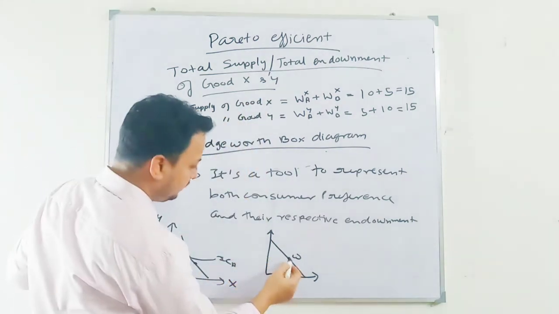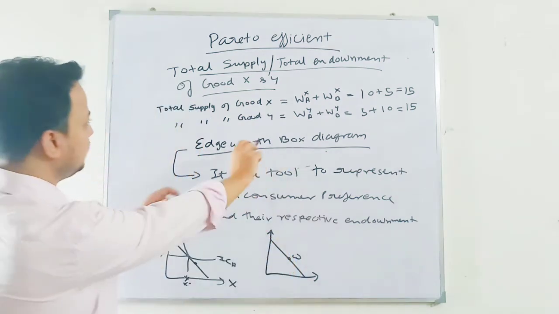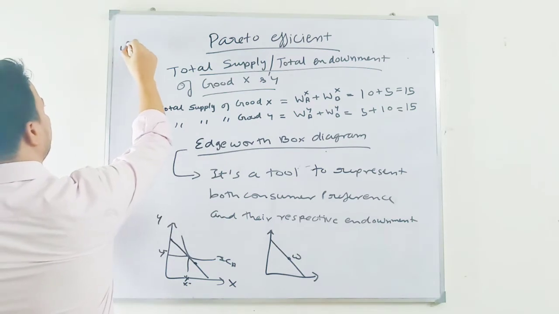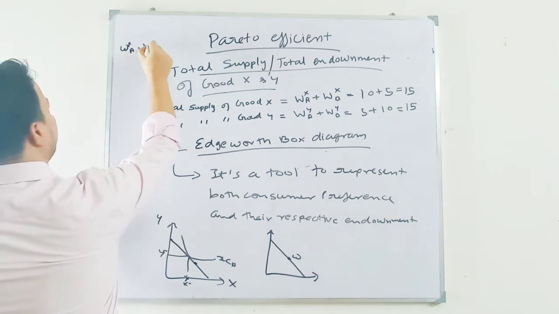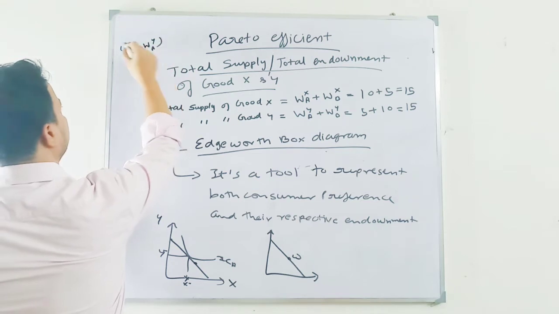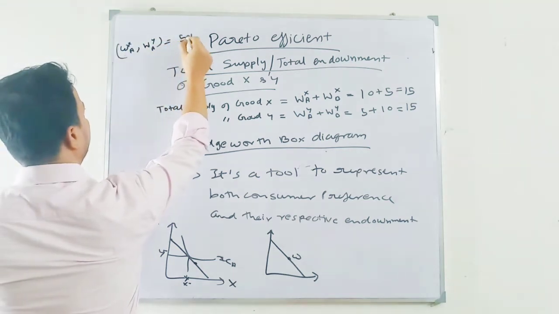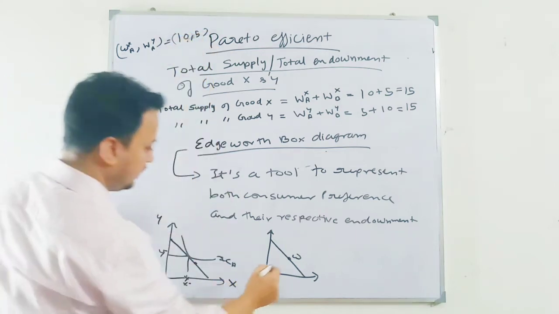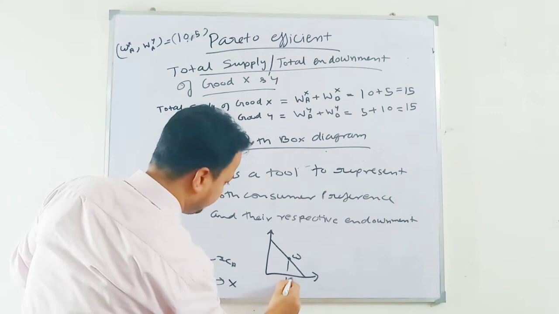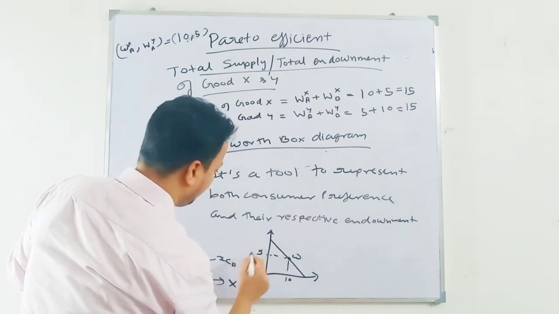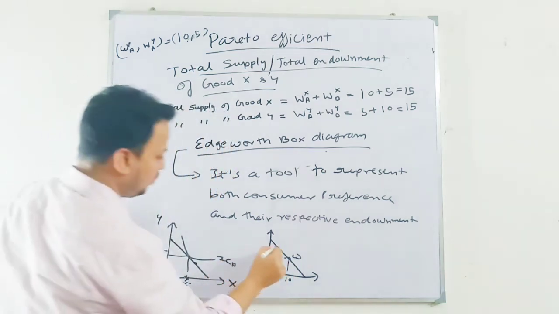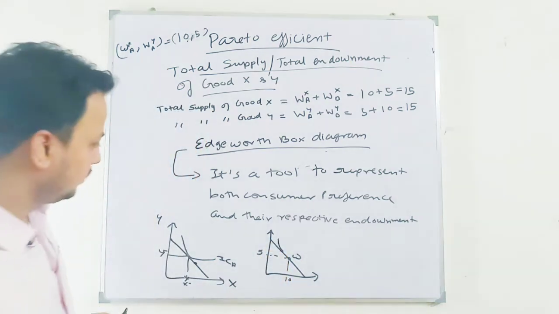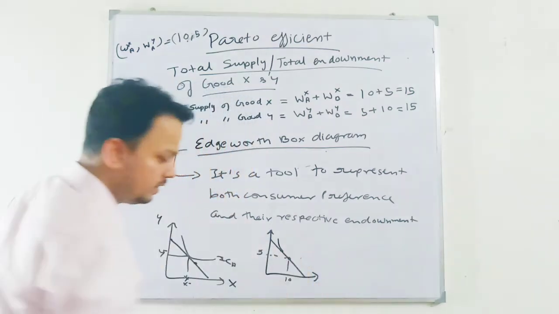So this is the endowment with my consumer A. Consumer A has an endowment of 10 units of X and 5 units of Y. This is the endowment point; just remember that.